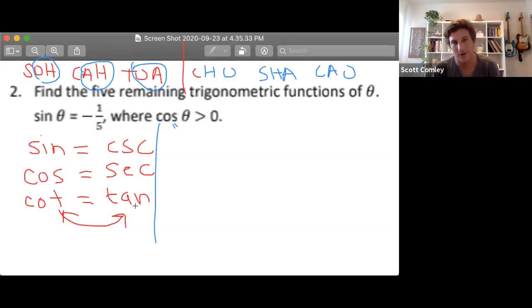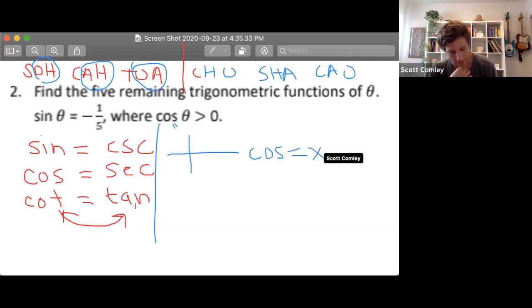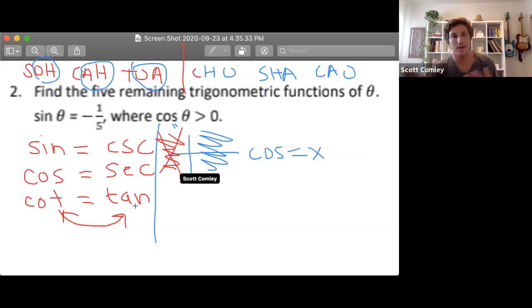There's a lot of information, and don't worry about knowing all of it at once, but cosine greater than 0 is an important parameter. If we've got an axis here, cosine is always the x-axis. That means we're not on the left, we're on the right side of the axis.